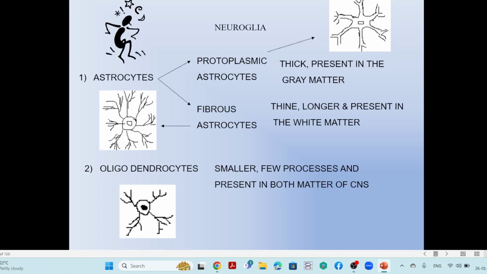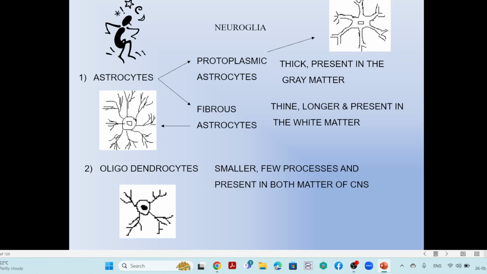So the protoplasmic astrocytes are present in the grey matter and fibrous astrocytes in the white matter. Fibrous have thin and longer processes, but protoplasmic are thick. Then another one is oligodendrocytes.